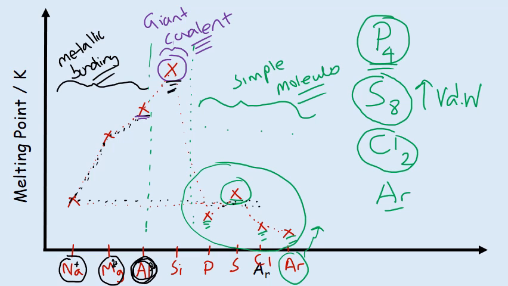Silicon must be the highest. Argon, chlorine, phosphorus are the 3 lowest. And then be prepared to talk about the structure and the bonding in each of them. Giant metallic for the first 3, giant covalent for silicon, and simple molecules with non-polar van der Waals for the next 4.